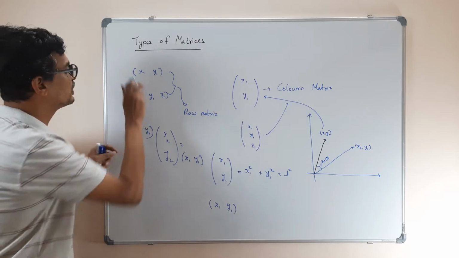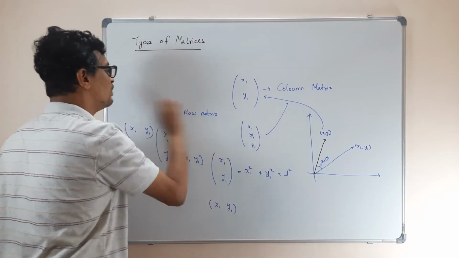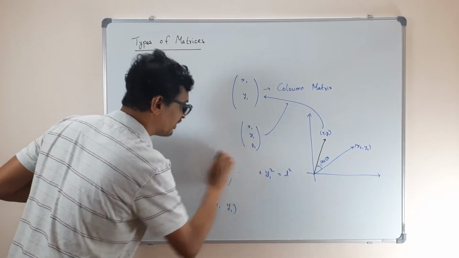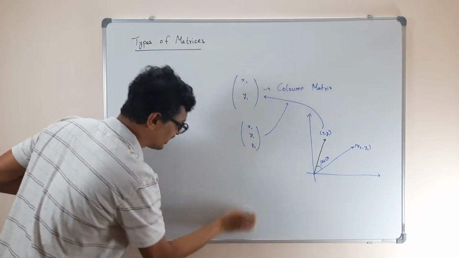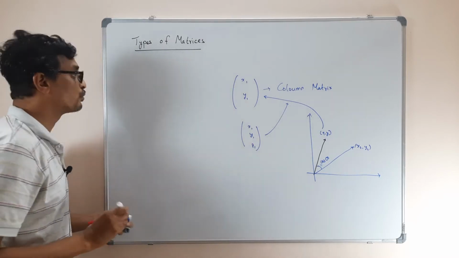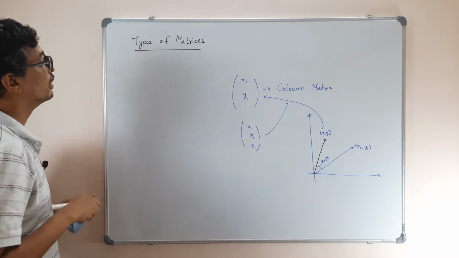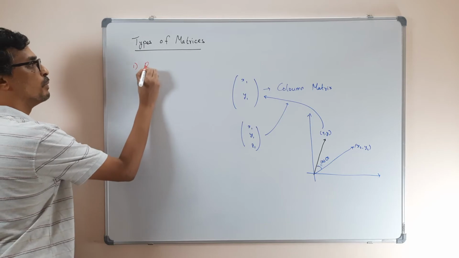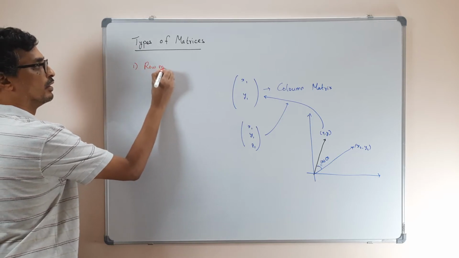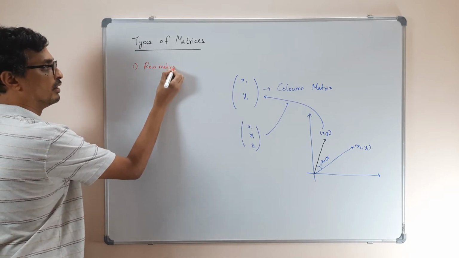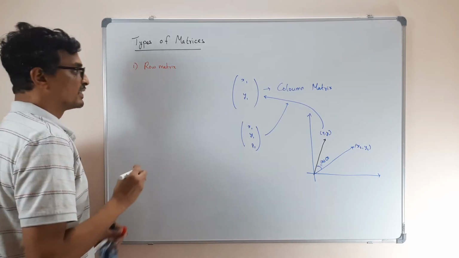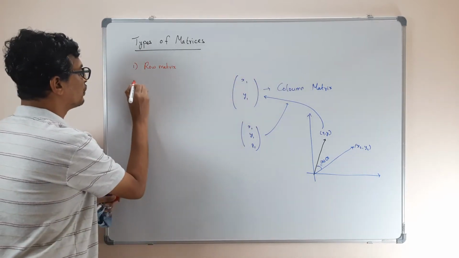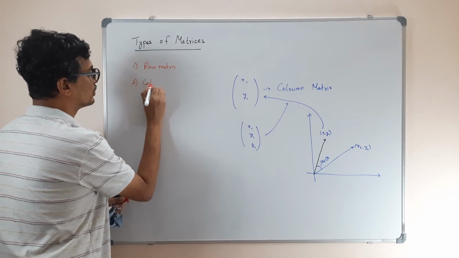So in my simple matrix, I have two definitions: one is your column matrix, another one is a row matrix. Let me use a different color. First one is row matrix. Row matrix has only a row. And then the second one is column matrix.